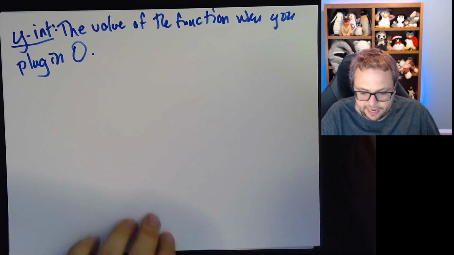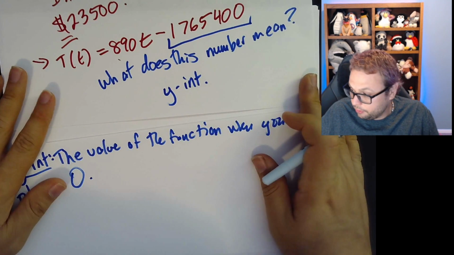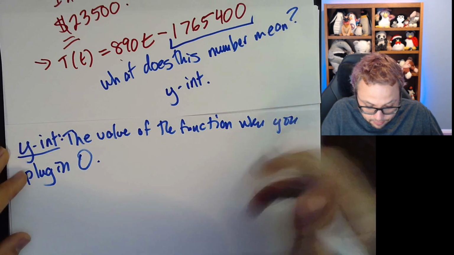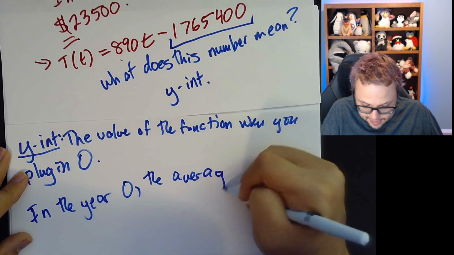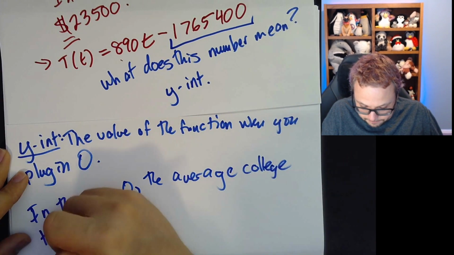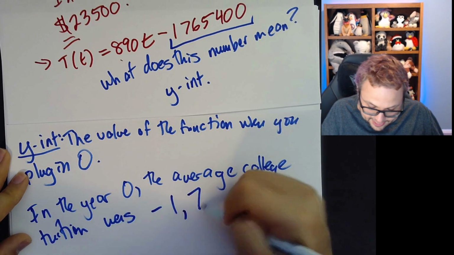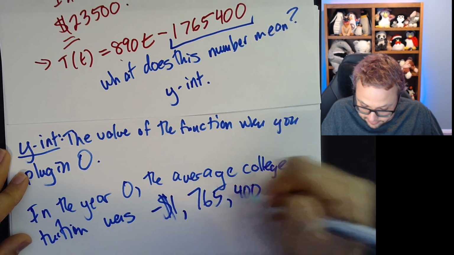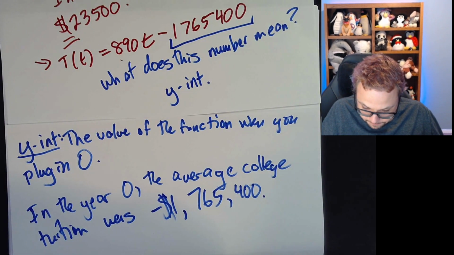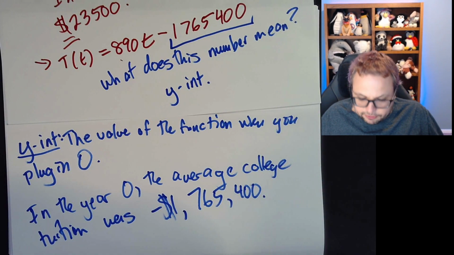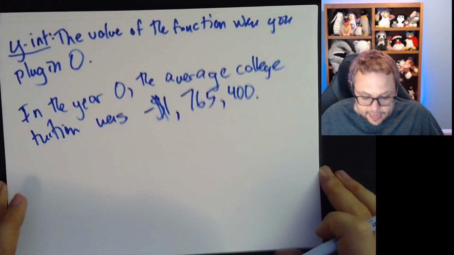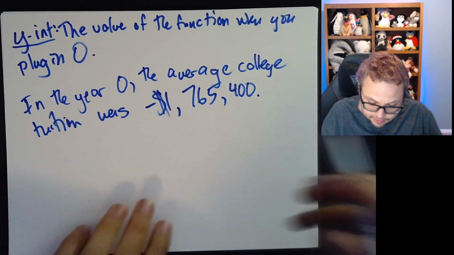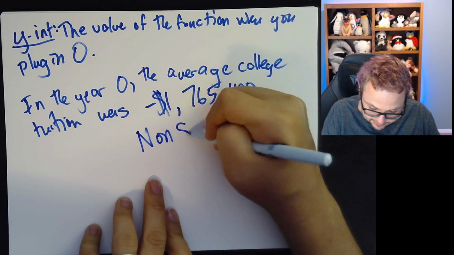So roughly speaking, if I were to translate this, what this would say is, in the year 0, the average college tuition was negative $1.7 million, which is complete nonsense, right? There's absolutely no way that this is true. This is just complete nonsense.